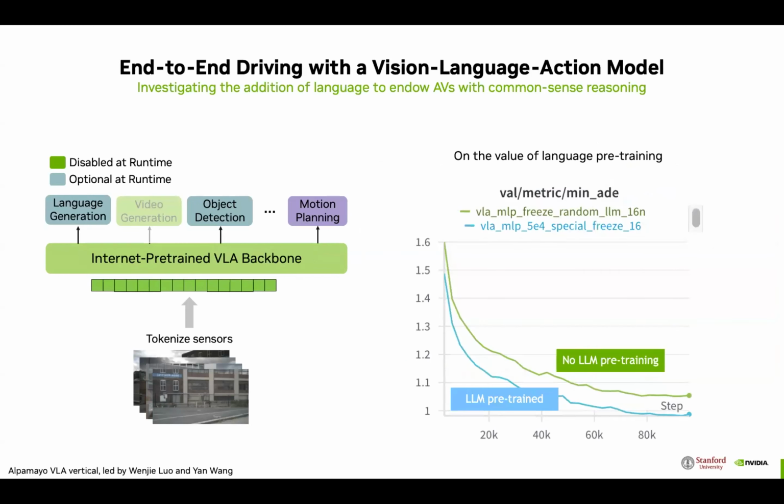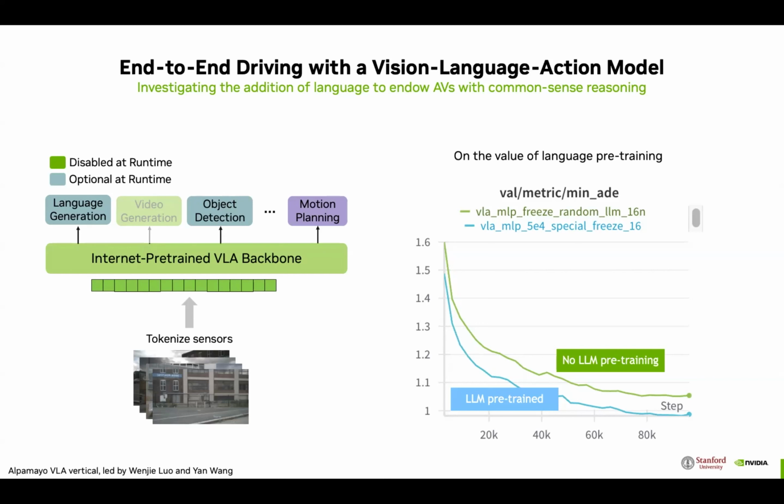So going one step further, we experimented with using an internet pre-trained vision language model as the core autoregressive backbone. So quantitatively, on production-grade data, do we see advantages with leveraging language pre-training? And the answer is yes.